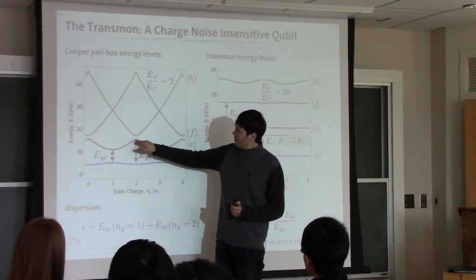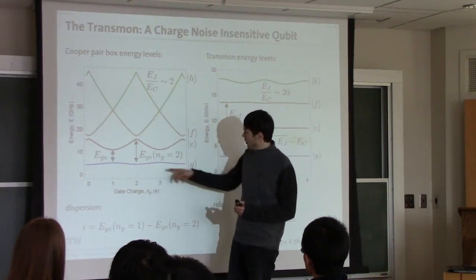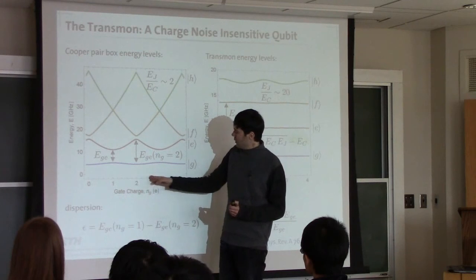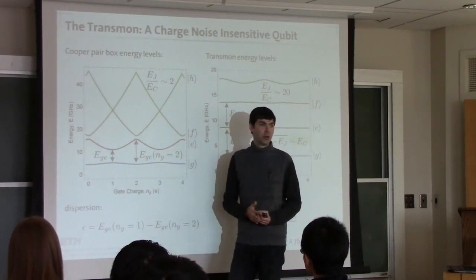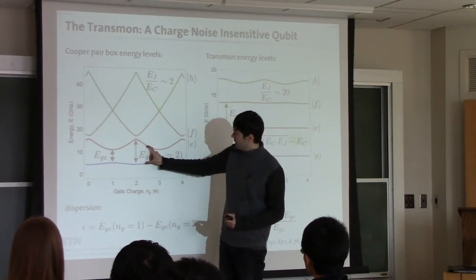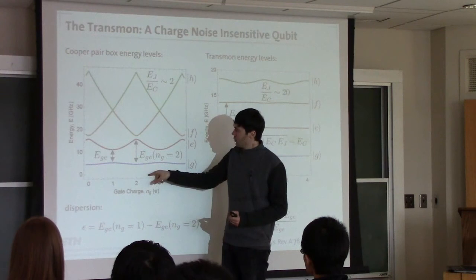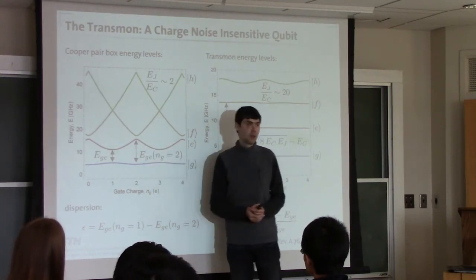Maybe it's a little bit less sensitive to fluctuations, but to the next order still is. But for example, if you're here and you have charge noise, the energy level distance fluctuates like crazy. So the difference between these two, if you are here and you have some noise. This is the problem that they were trying to address.